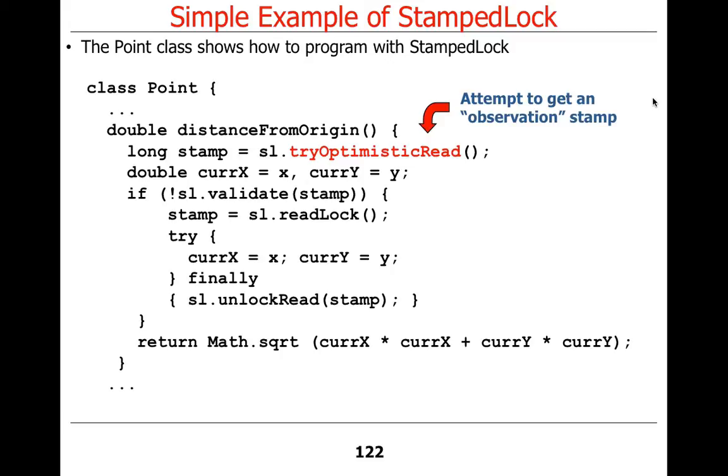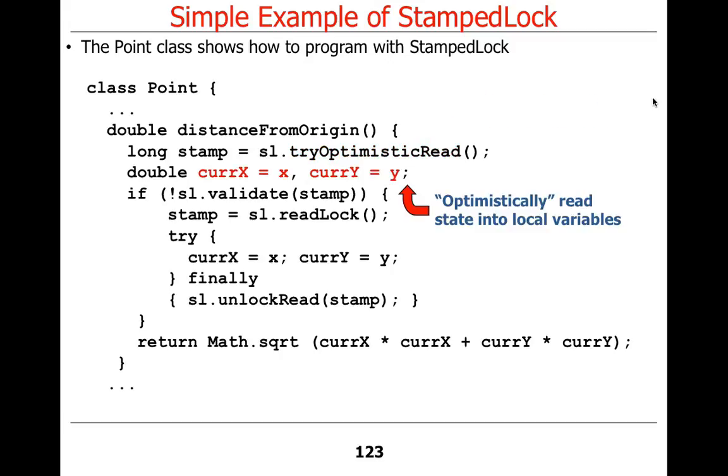We're not even going to check the return value of this thing to see if it worked or not. We're going to go ahead and set local variables cur x and cur y to x and y, which are the current state of the point. Keep in mind, this is an optimistic read, so there were no locks held at this point. We just got back a stamp that said, I'm an optimistic read stamp, or I'm an observation stamp.